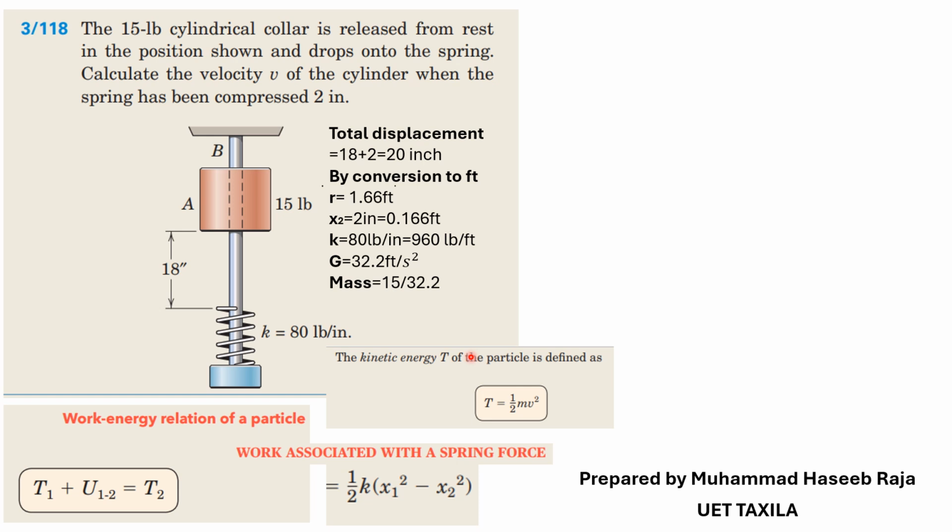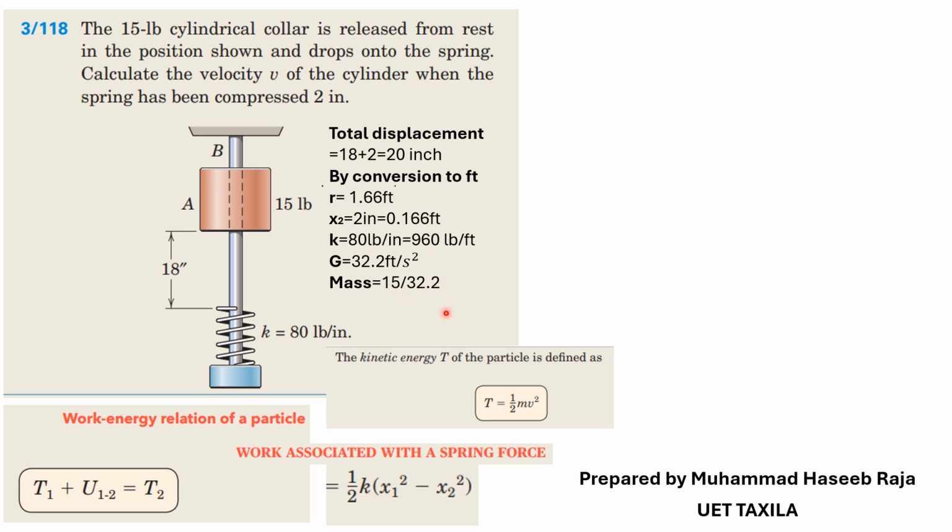That's why we need to convert all the values which are in inches to foot. By conversion we convert the total displacement into foot, x2 into foot, k is also into foot, and mass is equal to F over g.